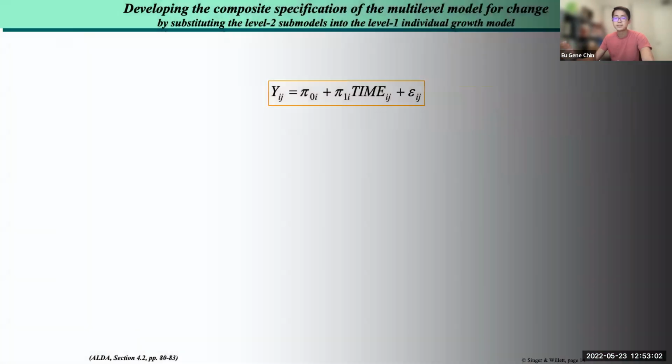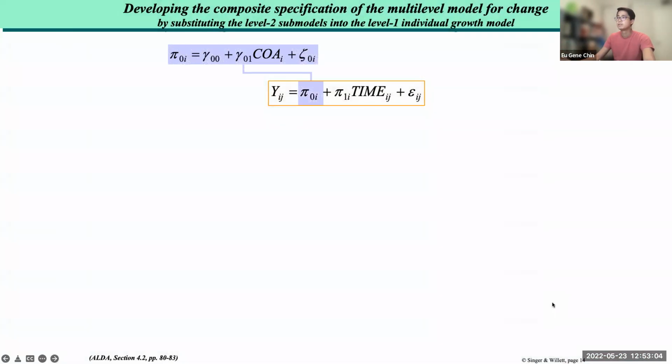So some conceptual things here before we end our video. Just a reminder again, we've got the level 1 and level 2 submodel. So this is the level 1 submodel. And for the level 1 submodels, the parameters pi 0i and pi 1i are the individual's estimated true initial status and the individual's estimated rate of change.